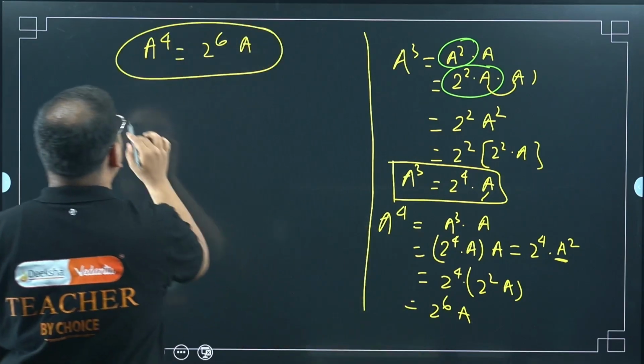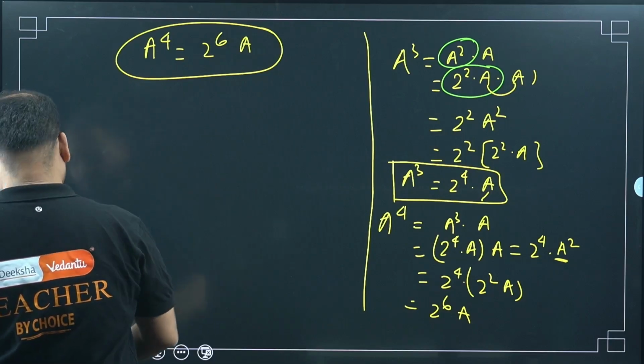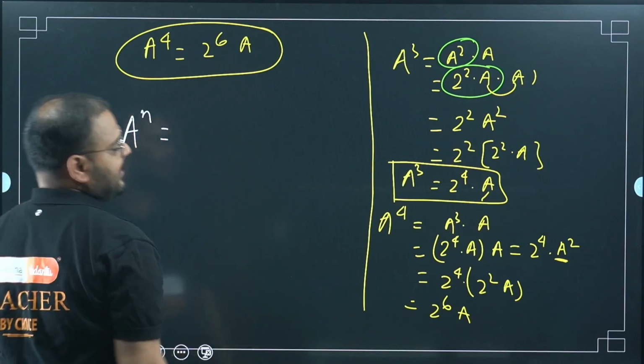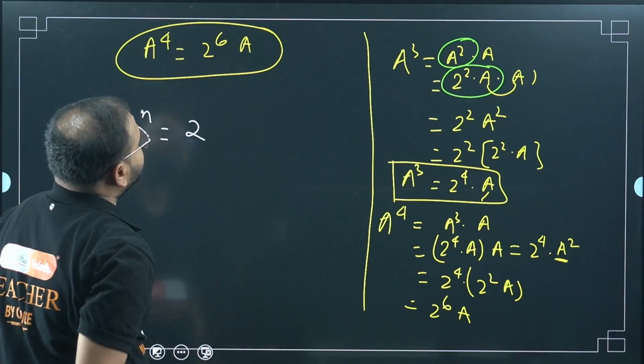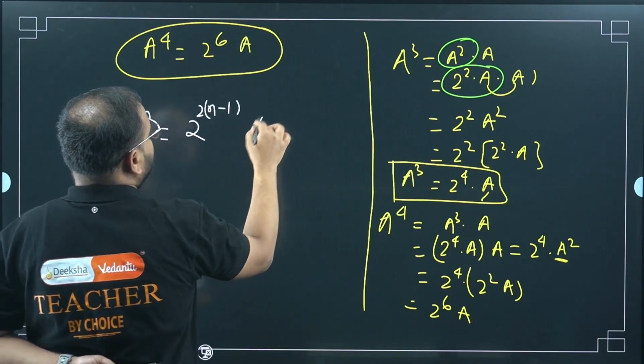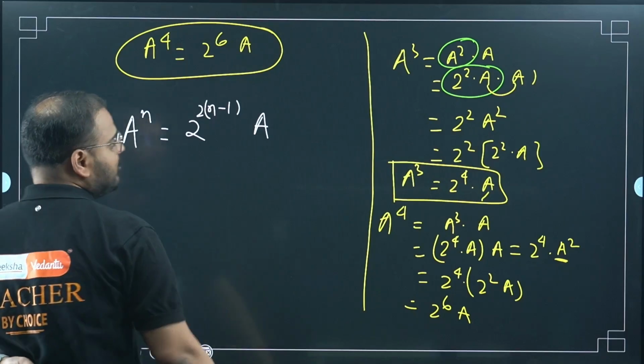Please check. So what I'm trying to say here is, A power n is basically coming as 2 power 2n minus 1 times A. Now you might not agree with me, so let me cross check for all these terms.